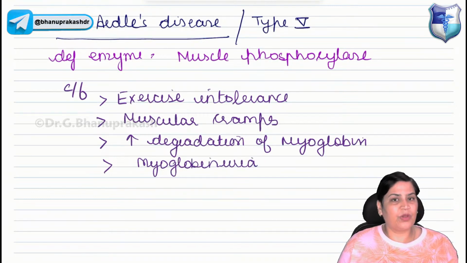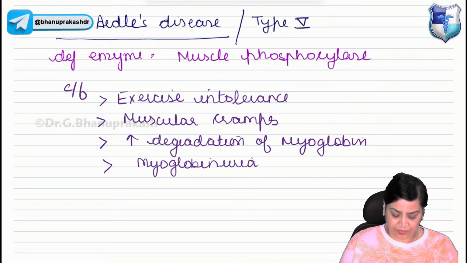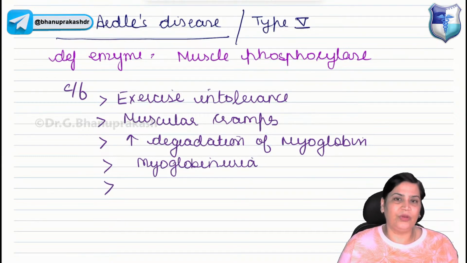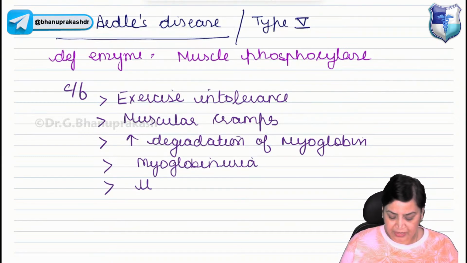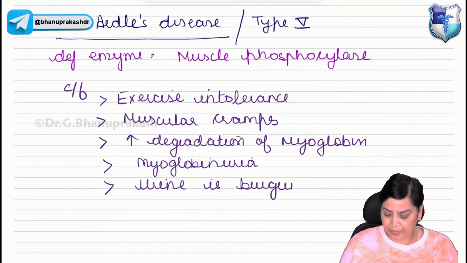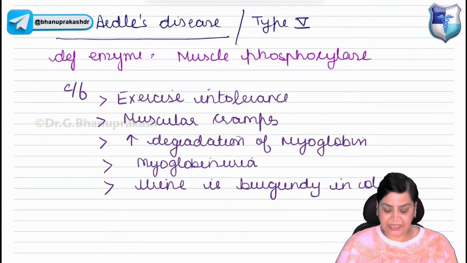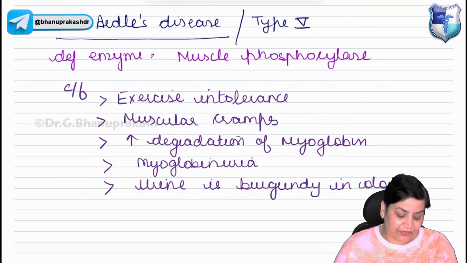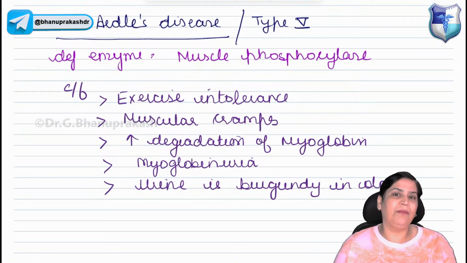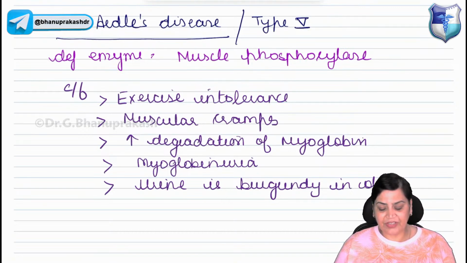Because of this, the urine is burgundy in color. Clear? So these are the five main features of McArdle's disease, which is a muscle storage disorder.